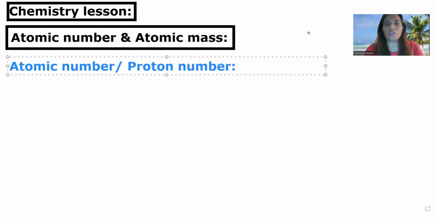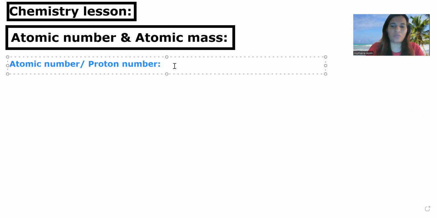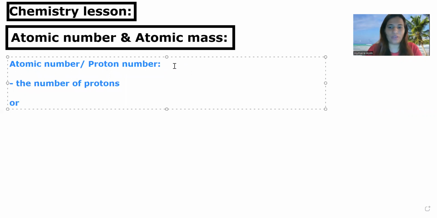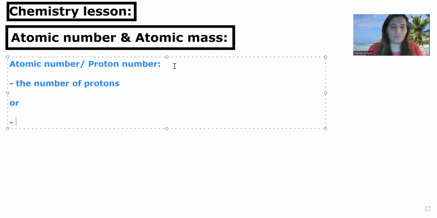So when we are talking about it, we are referring to the number of protons, or you can say, or, not and, number of electrons.